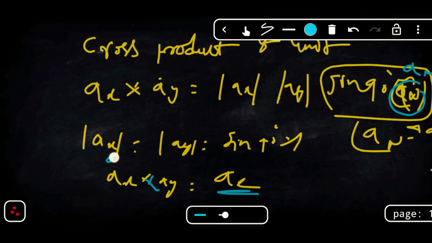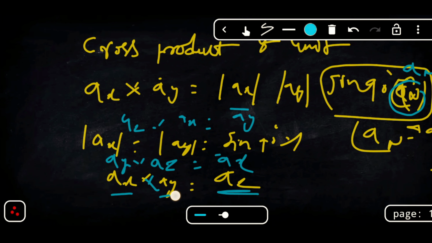Similarly ay cross az is ax, ay cross az equal to ax. Similarly az cross ax equal to ay, other plane will come. If you multiply with ay cross ax, minus az will come. Previously ax cross ay is az.